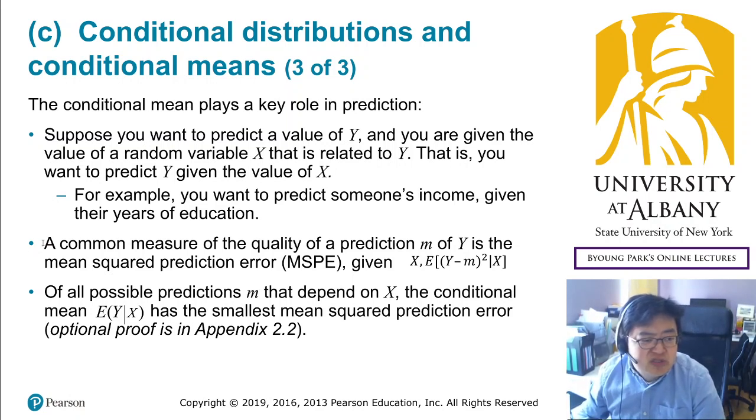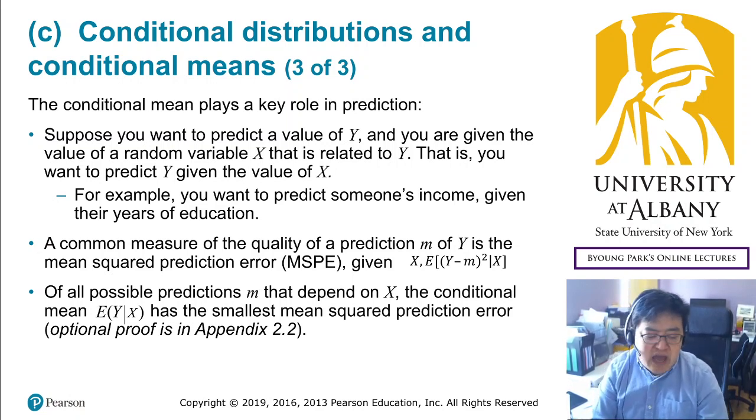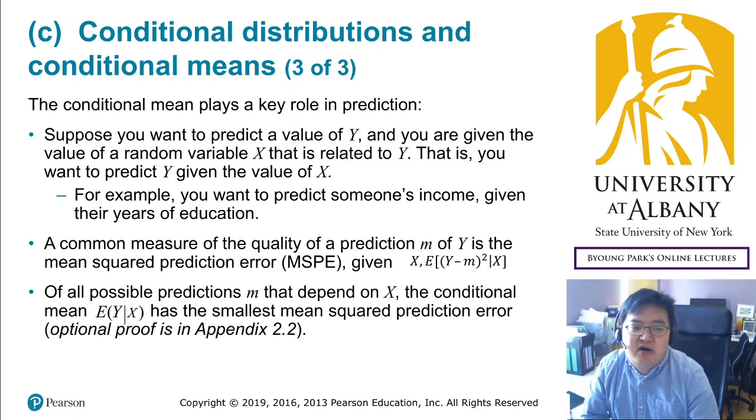It is also justified in this sense. When we predict, the second task is to calculate how big the error is. We have to evaluate how good your predictor is. A typical measure of the amount of error is the mean squared prediction error, which is another conditional mean concept.